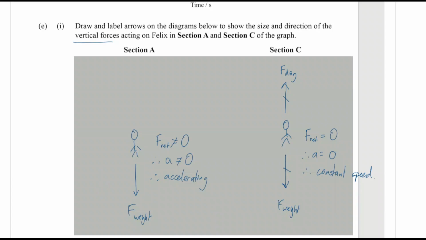So the net force will actually be acting downwards. Meaning the upwards force has to be less than the weight force. Because when we add these two arrows together, notice the weight force is a little bit longer, which means the net force is acting downwards by that difference.